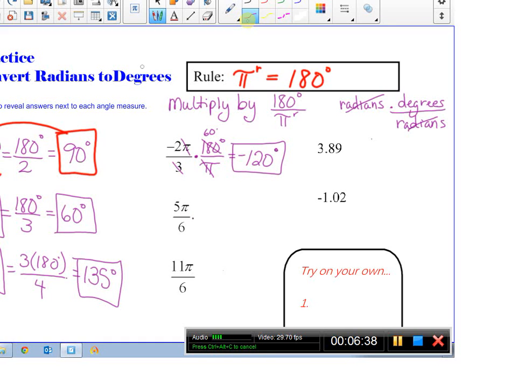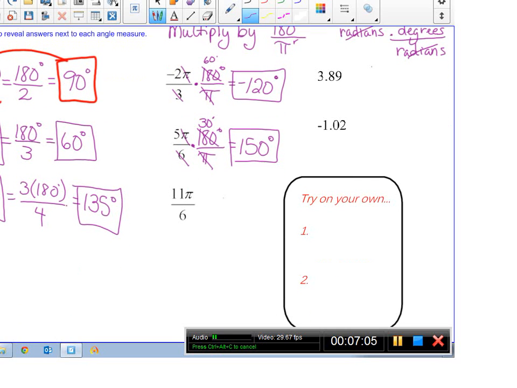Let's try that again. Converting to degrees, I want my degrees on top, over pi radians. Cancel the pi. 6 goes into 180 30 times, and I have 150 degrees. Right? 11 pi over 6. Keep trying it this way.